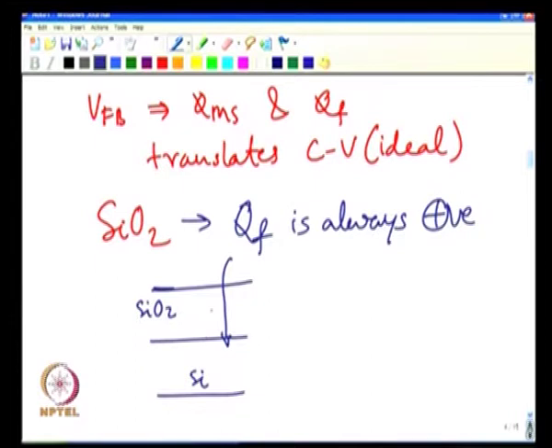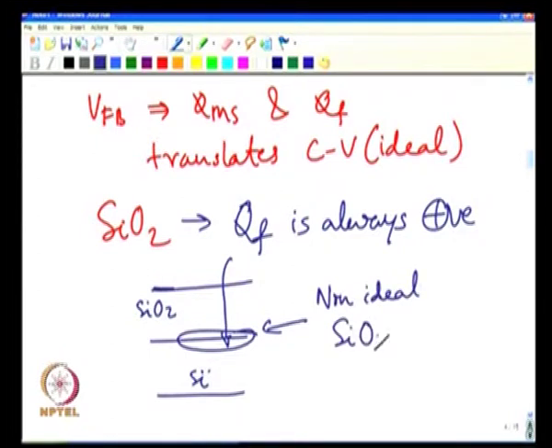When you are growing it, you are transitioning from silicon to silicon oxide as I grow thicker and thicker oxide, but this transition region is really non-ideal. In other words, you really have something like SiOx. When x equals 0 you have silicon, when x equals 2 you have SiO2. But here you have really SiOx, not perfect silicon, not perfect silicon oxide, something in between. So this is really a non-ideal thing.